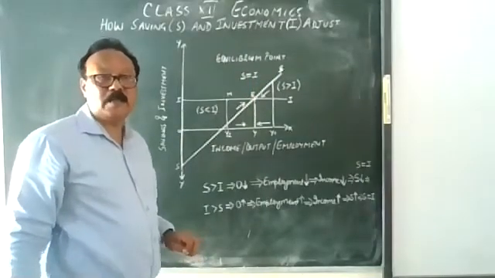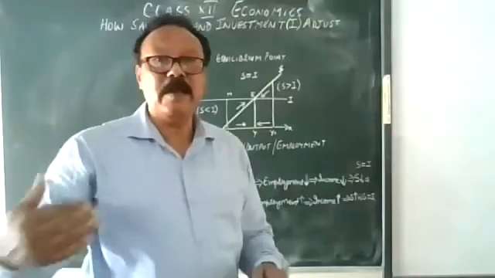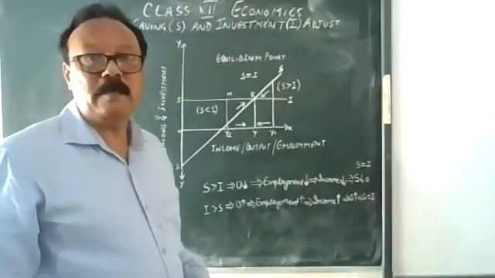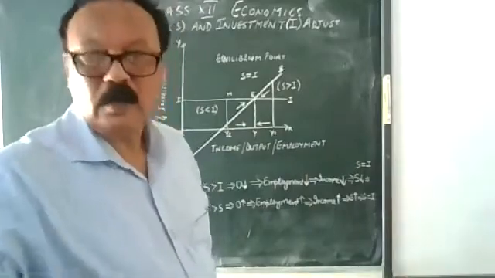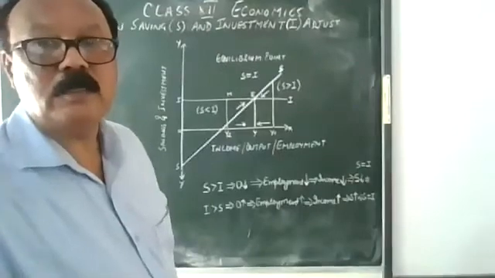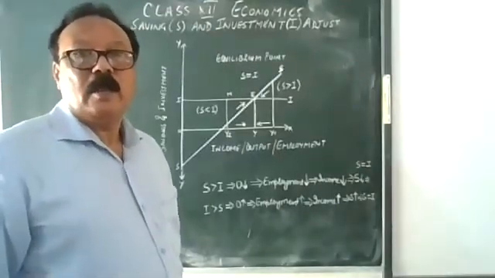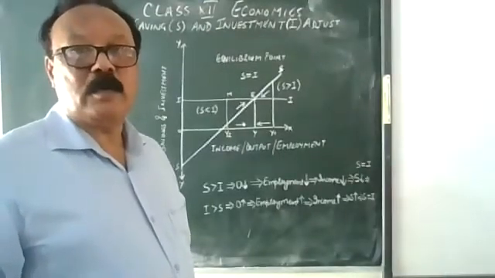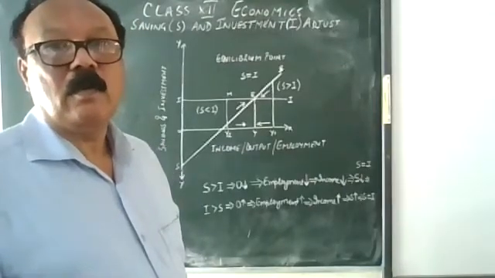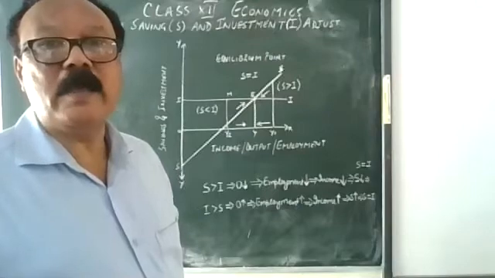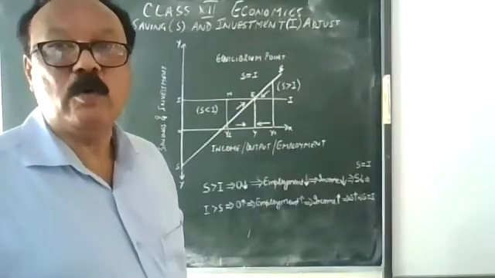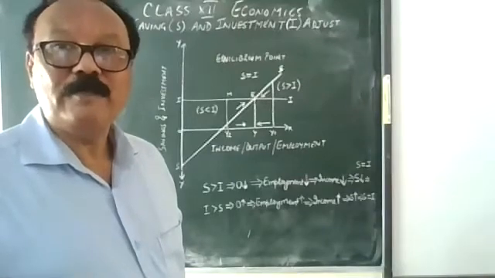Now you ask me, why is the saving curve beginning from below the point of origin? Simply because you heard a term called autonomous consumption. What is autonomous consumption? When a consumer consumes something even when his income is 0. So when his income is 0, what does he do? Would he starve?